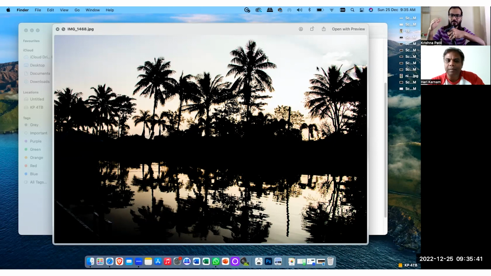I played with the lighting. I tried to overexpose the light in the background and underexpose the subject area. So the details of this lake vanished, and I can see only a black outline of the leaves and the trees. And I was using the replica kind of composition method.